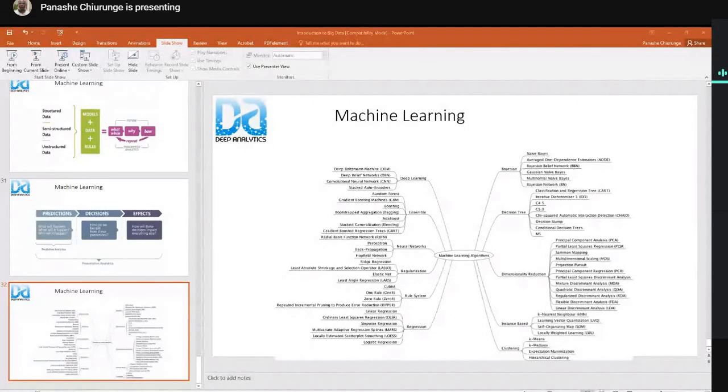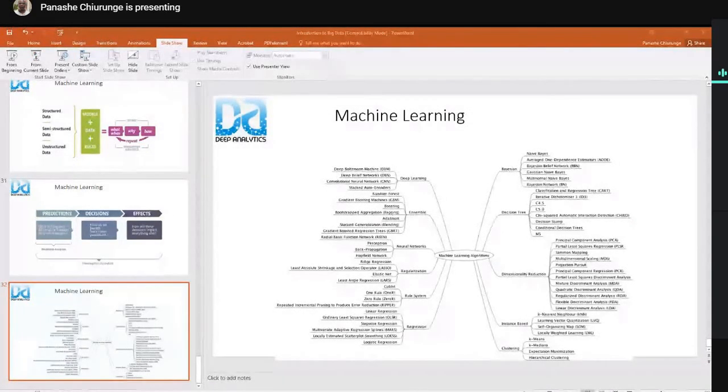So deep learning is built on neural networks. The architecture of deep learning is built on neural networks. But when we say deep learning, or deep neural, there's neural networks, and then there's what we call deep neural networks. When we're talking of deep neural networks, it's got to do with the architecture of that neural network.